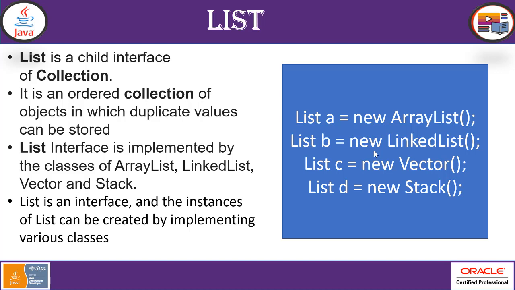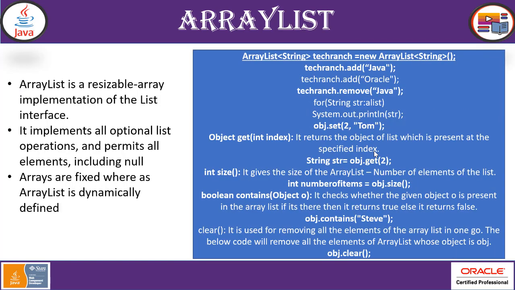List is a child interface of collection, and this interface has all the method definitions that we can use in our further classes, like addition of an element, removing, deletion, insertion, or pushing. You can find it in the list interface and use it in your classes.